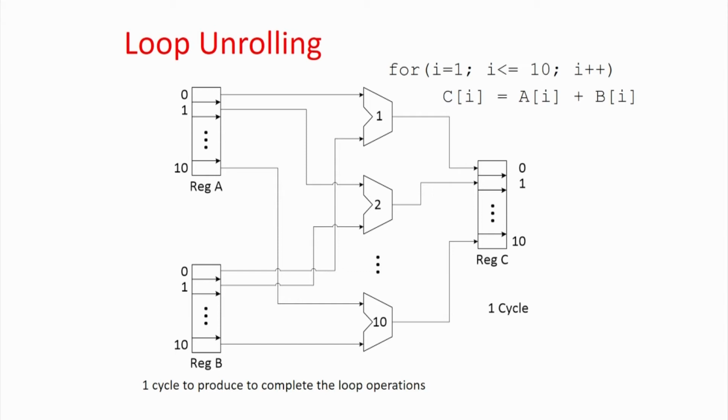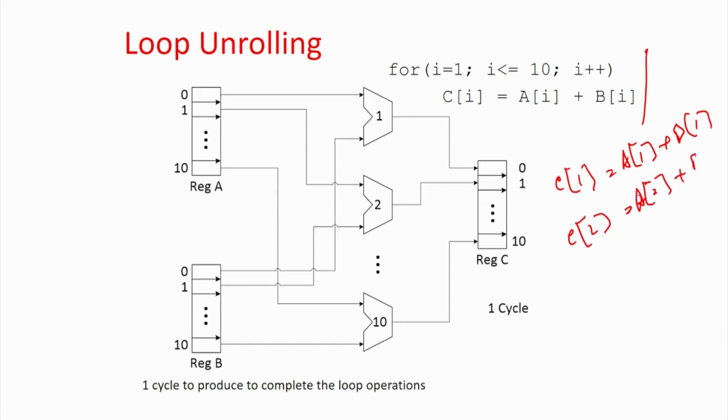So, what is that? I am going to unroll this. Instead of writing a loop, there are effectively 10 operations, right. So, those 10 operations are like C1 equal to A1 plus B1, C2 equal to A2 plus B2, and so on, then C10 equal to A10 plus B10, right.